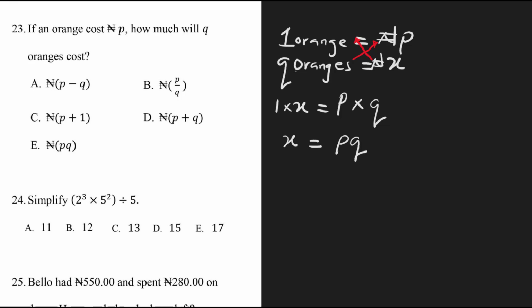So now Q oranges will cost PQ naira. So X is equal to what? PQ naira. Remember, we're looking for X, this X here, right? So that's our answer, PQ naira. So let's check our options. From our options, the answer is E. Let's move to the next question.